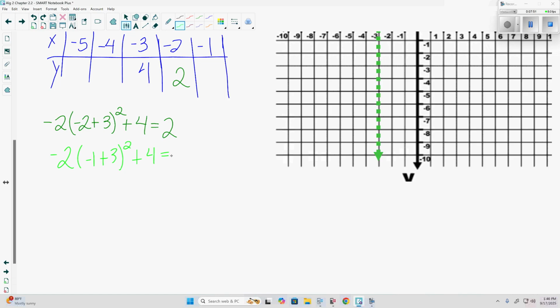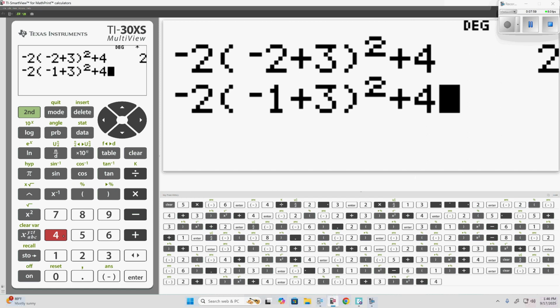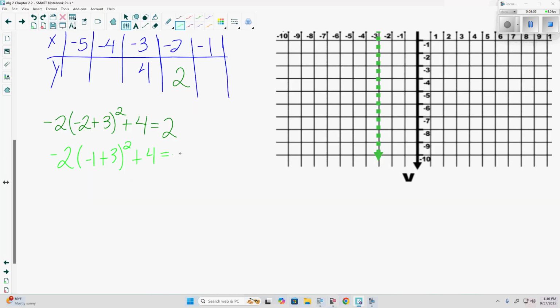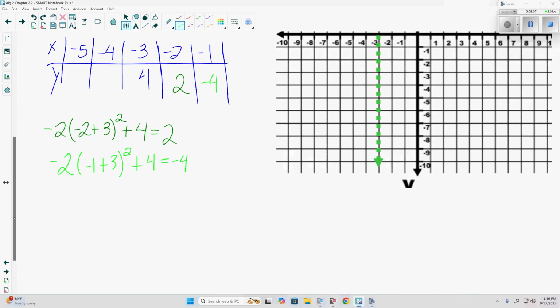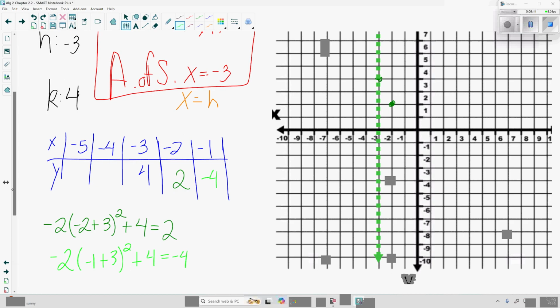So we type this in, -2 times -1 plus 3 squared. We get -4. So -1, -4.